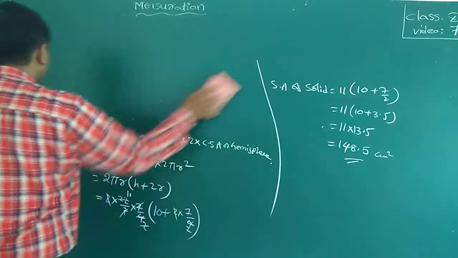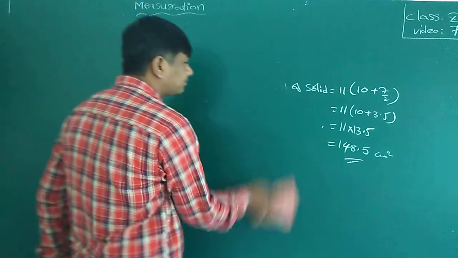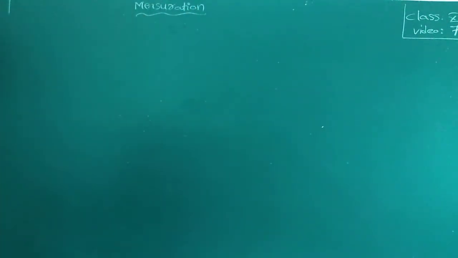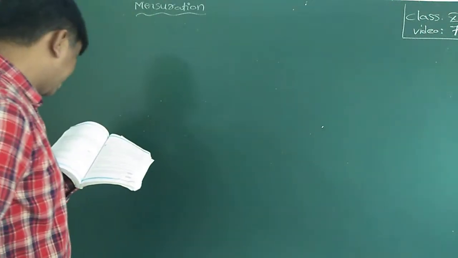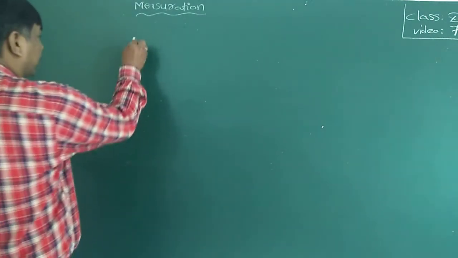Seventh question, be careful sir. A little confusion. Seventh one, be careful. Don't confuse yourself. A hemisphere is cut out from one face of a cubical wooden block.